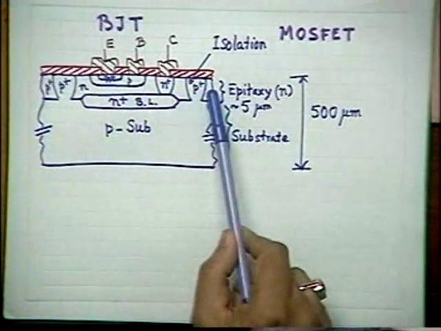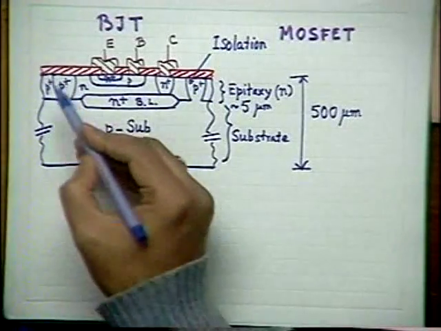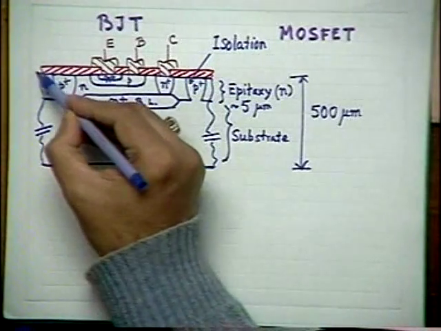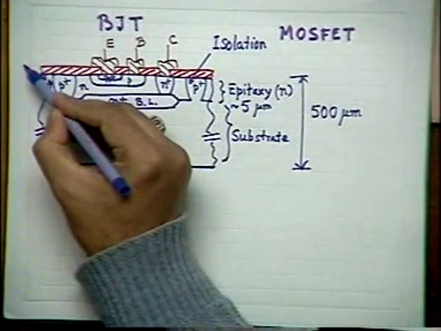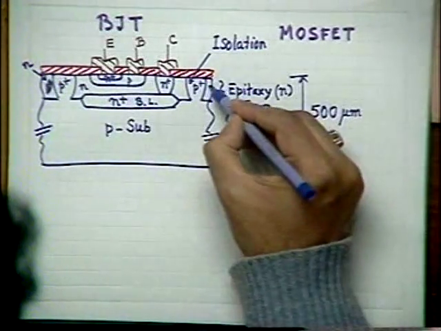And if you look at this, sorry, I think this is not P plus. Again by mistake I have written P plus. This is N. And this is also N.